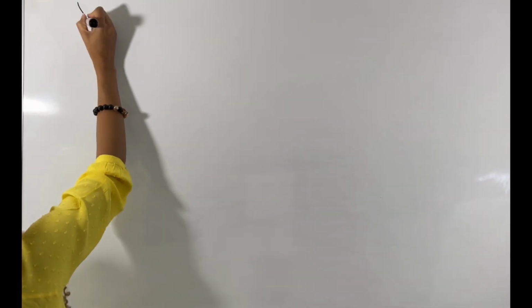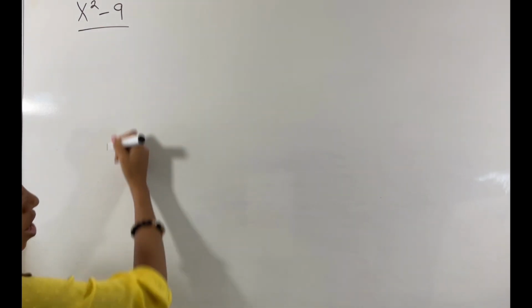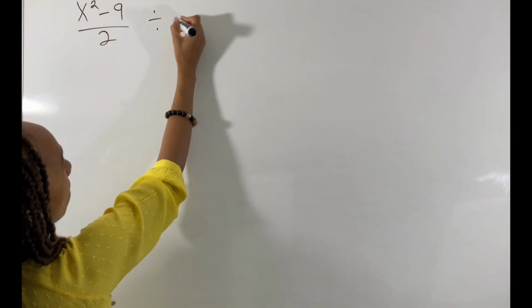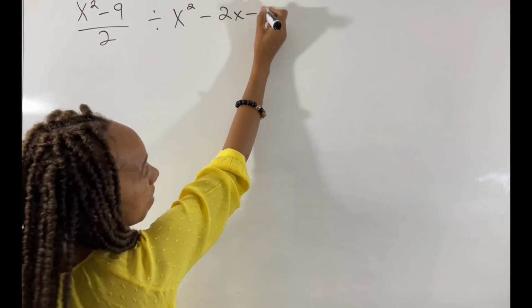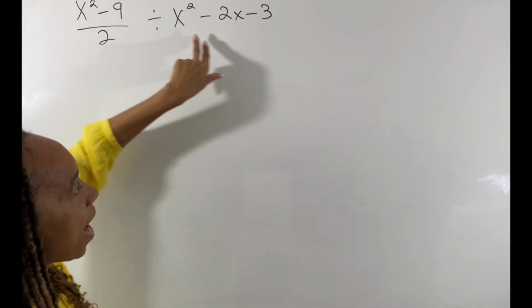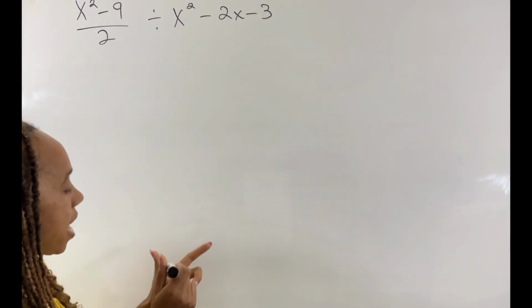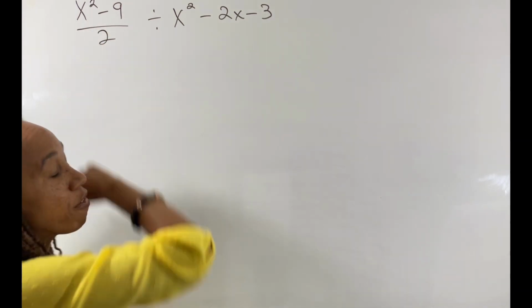So our third example is going to be x squared minus 9 over 2 divided by x squared minus 2x minus 3. Now you will notice that you have a trinomial going on here, and you will also notice that you have a difference of squares.